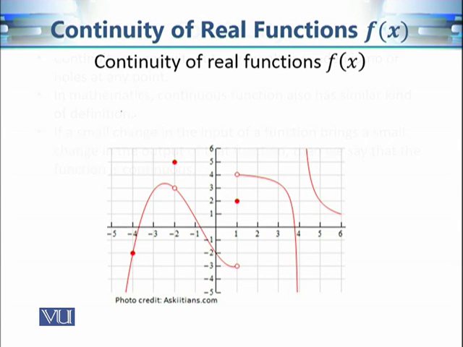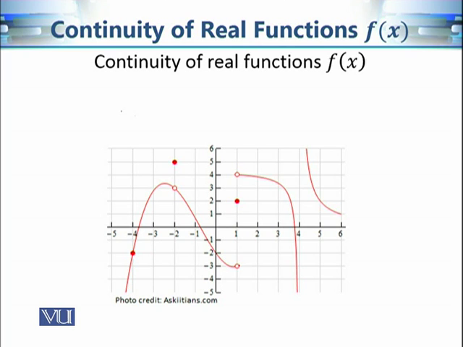Okay, so let's start with a simple case of a function of one variable. Of course, we can associate a function of one variable with a curve in a two-dimensional plane. Let's say this is the graph of some function y equals f of x. Now, as you can see, there is a hole over here, so of course the path is not continuous at this point.